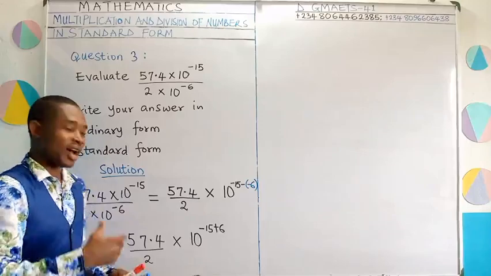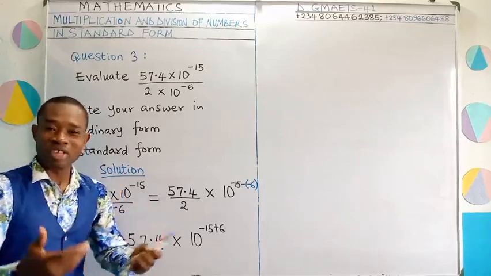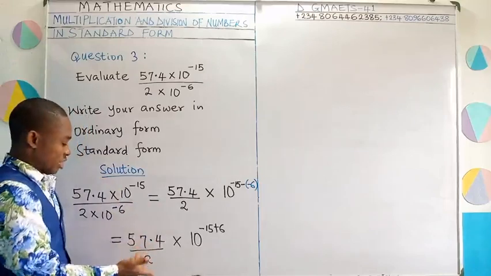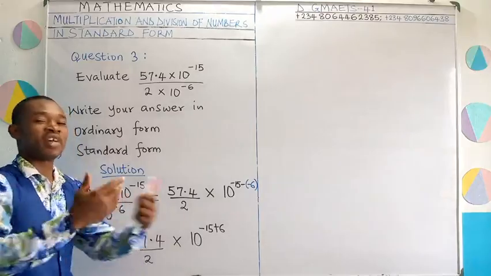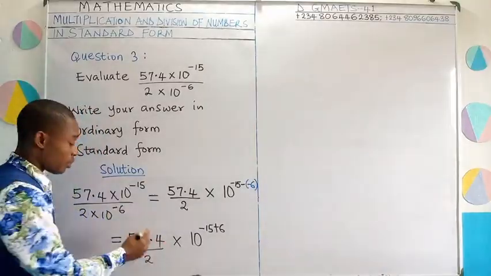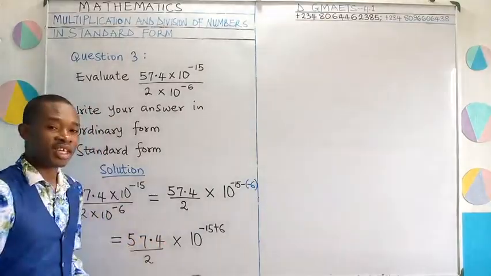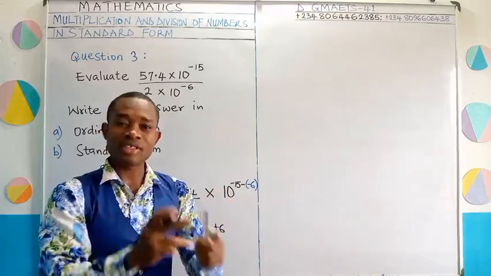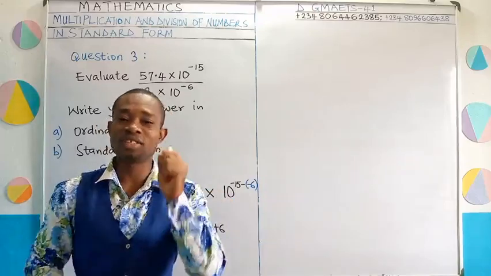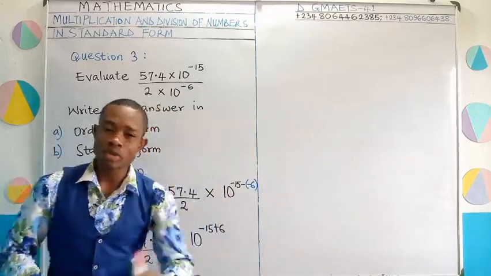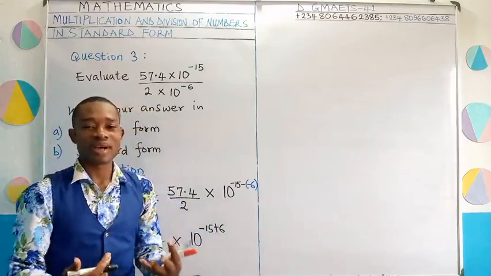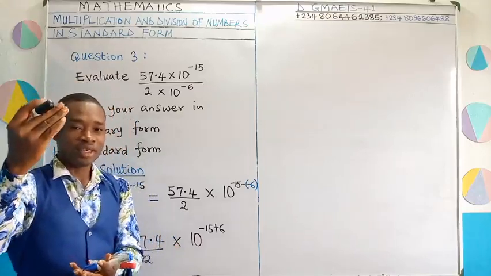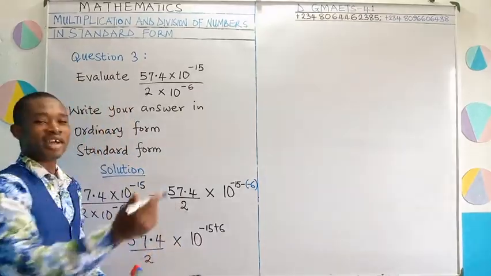There is no need to convert them to whole numbers just because the numerator is a decimal number. You don't need that for a problem like this. I've said this in our basic mathematics class 1 under division, that if the denominator is a whole number, there is no need of that conversion, even if the numerator is a decimal number. If the denominator is a whole number, you can divide directly.